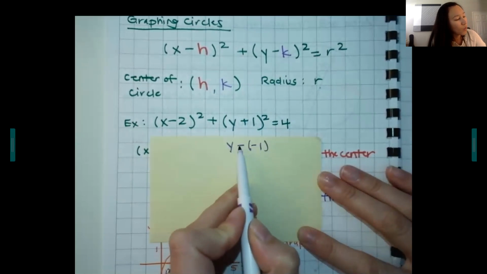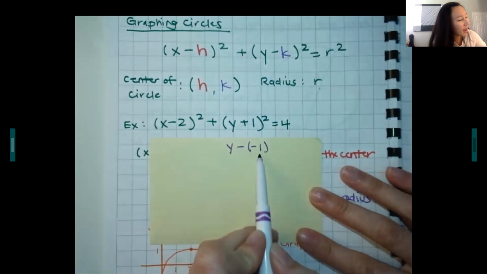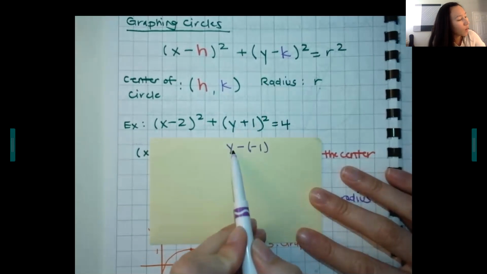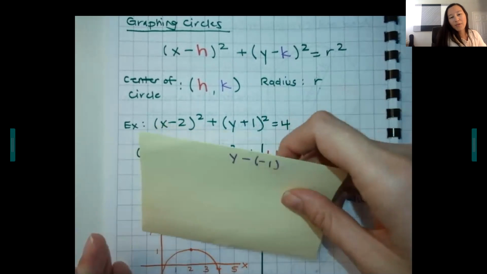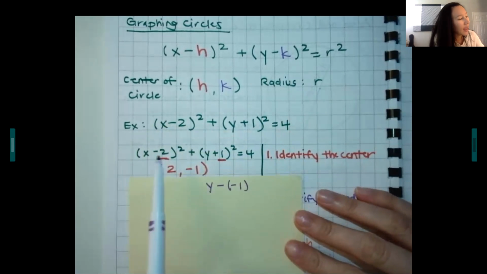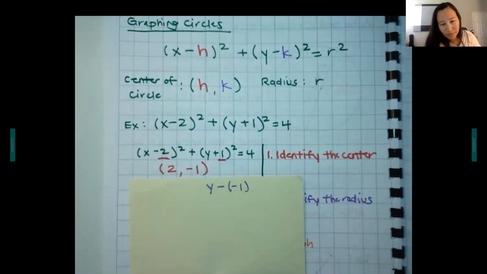which is the same thing as y plus 1. And so that's why your k would just be -1. But rather than thinking about all of that, you just flip the sign. So x minus 2 is +2 for your h, and then y plus 1, your k would be a -1.